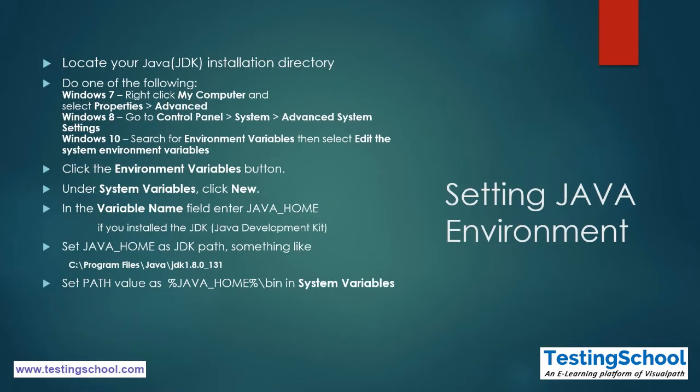Under environment variables, you need to go to System Variables and click on New. As you are doing it the first time, you need to mention JAVA_HOME as the variable name, and there you need to mention your Java development kit path.